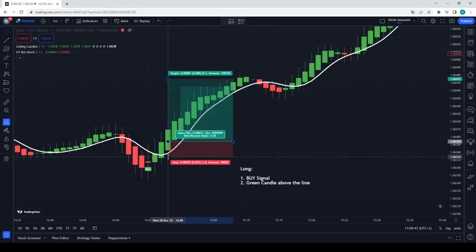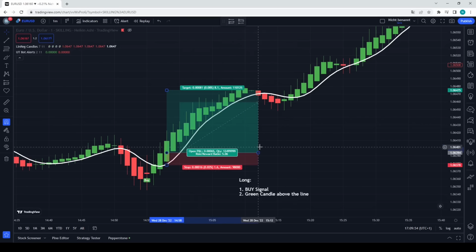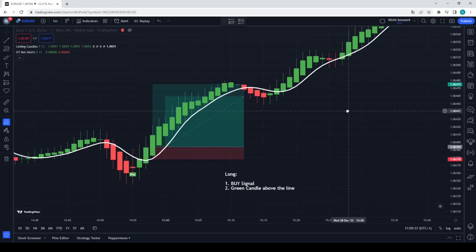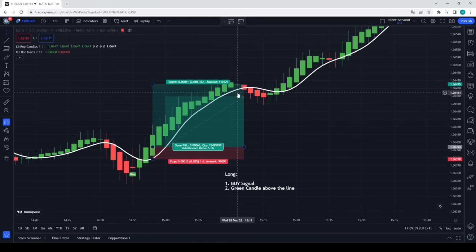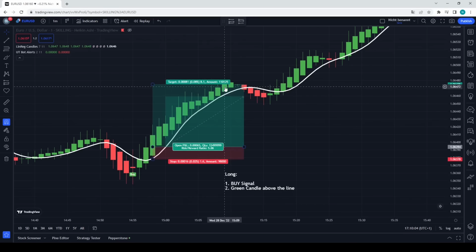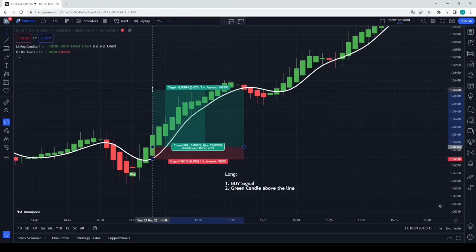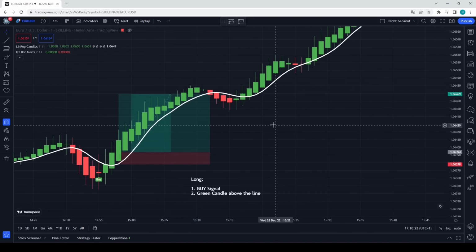The stop loss will be at the line, and we don't have a fixed take profit, but we leave the trade when we get the first red candle. You can see all candles are closing green, green, green, green, green, and here we have the first candle closing red. So here we leave our trade, and we get a risk reward ratio of 4.69. And this is our long trade.